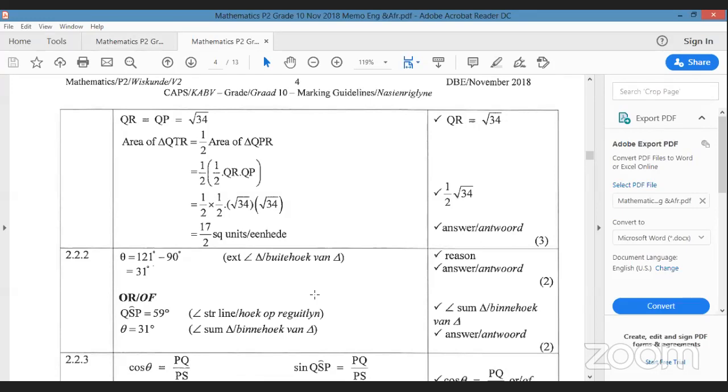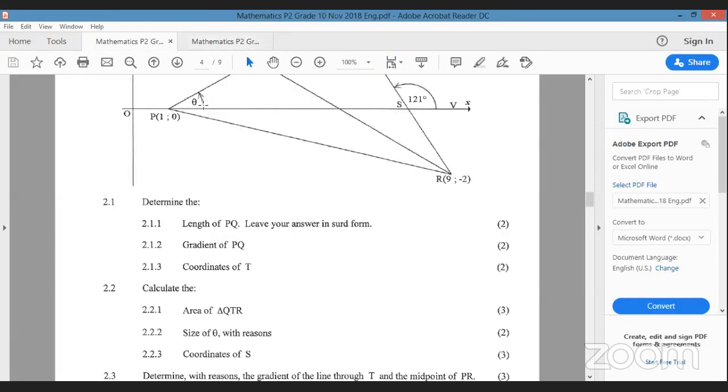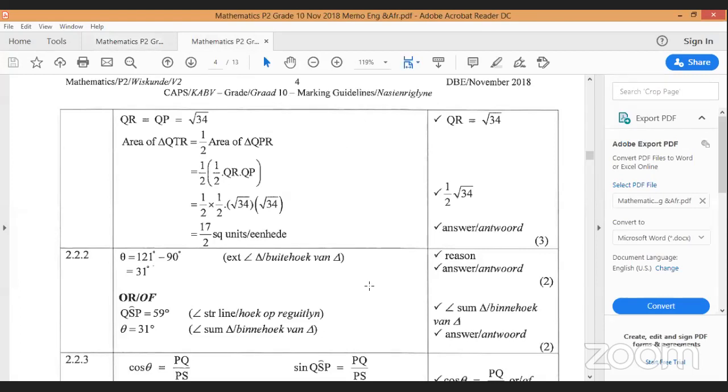Perfect. Now, remember, guys, the size of theta. Now, let's go back to our diagram. The size of theta is by angle P, basically, right? And there we are given an outside angle of 121, which is next to S. So when you look here, boys and girls, your angle QSP is equal to 59, right?